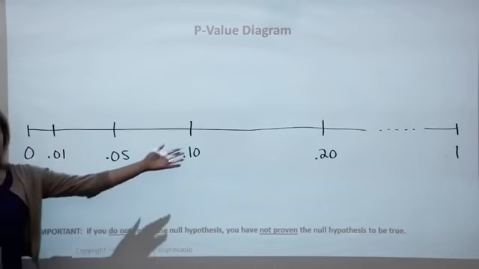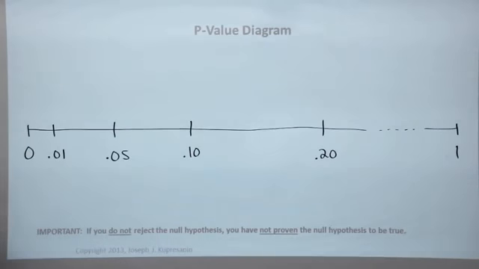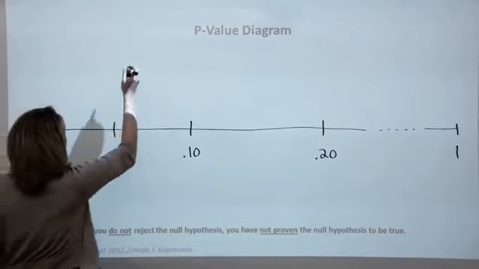Some different potential p-values you might get. Really, you could get any number on this number line. But let's talk about what some of them show. I'm going to write this in terms of how much evidence that p-value is showing in support of the alternative hypothesis.